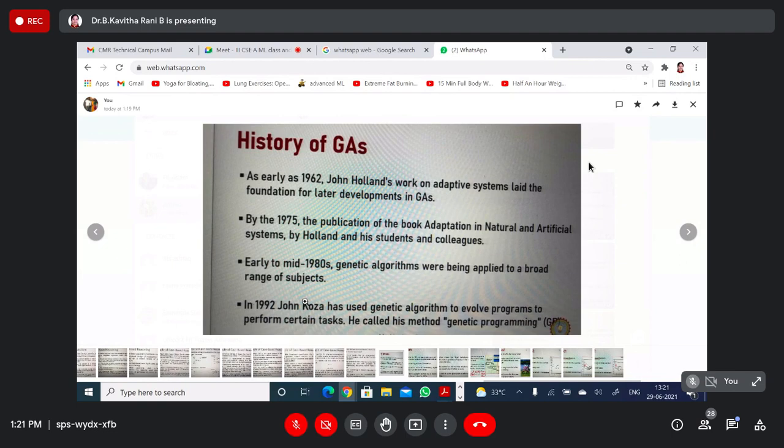In 1992, John Koza used genetic algorithms to evolve programs to perform certain tasks. He called this method genetic programming. He developed different programs and performed different tasks, and that is called genetic programming. We will see that in the next classes.